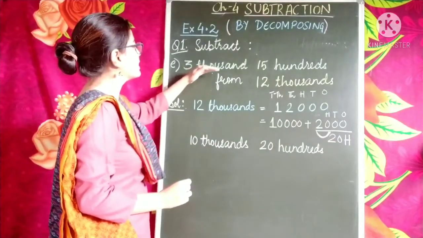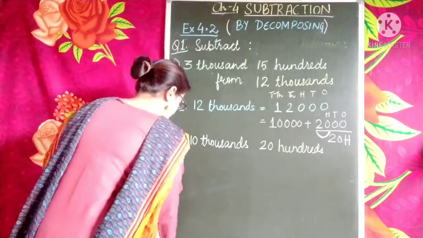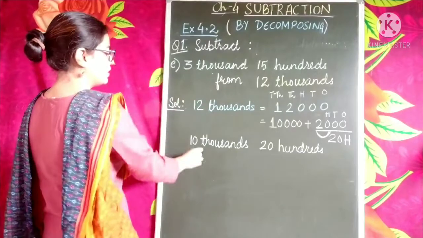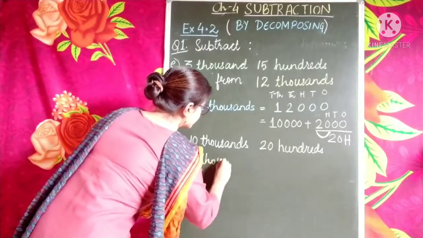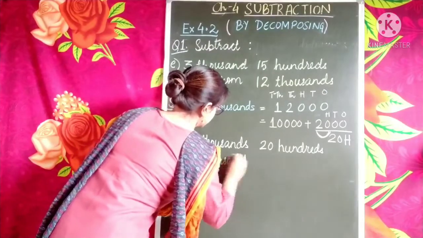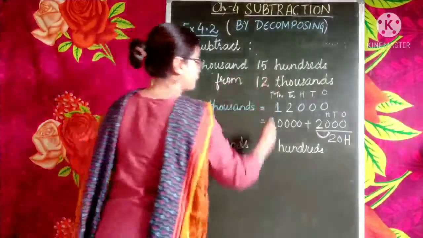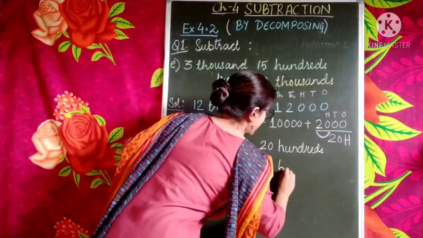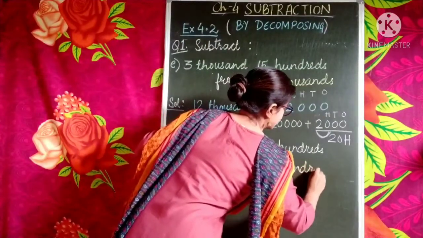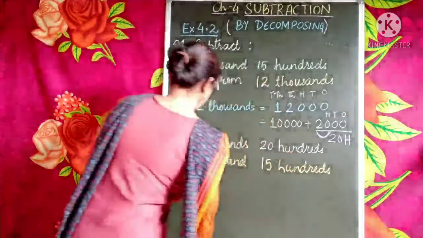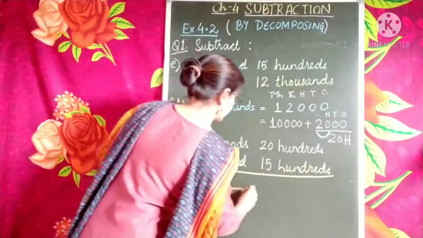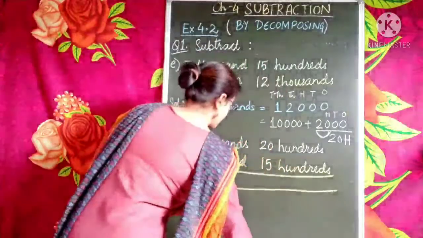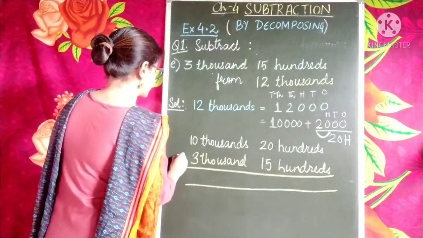Now we bring this lesser number, the subtrahend, here. We have 3,000 minus 1,500s. We also put the subtraction sign here.